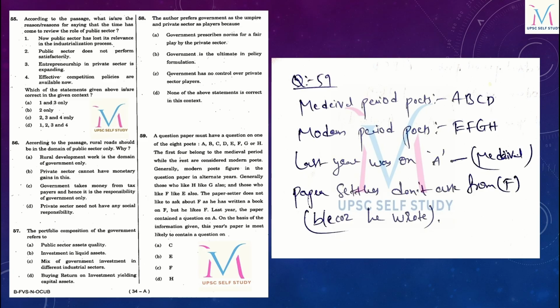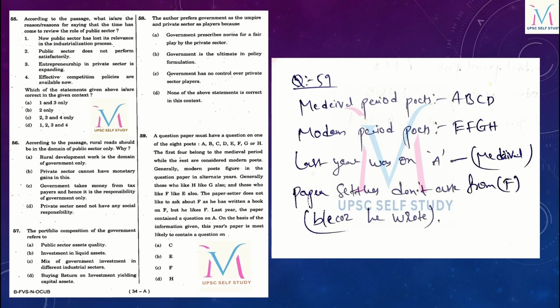Entrepreneurship in the private sector is expanding, because these entrepreneurs come with good ideas and develop their factories, and the public sector has to depend upon the ideology of the entrepreneurs. This also includes that the public sector does not perform satisfactorily, and that effective competition policies are available now.